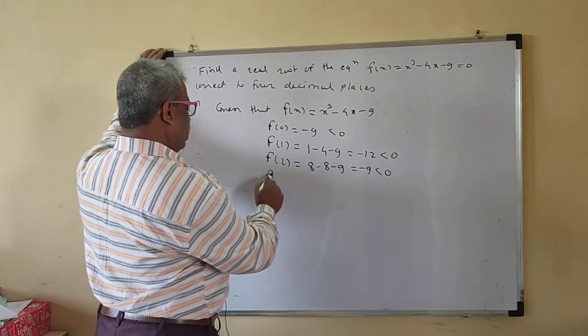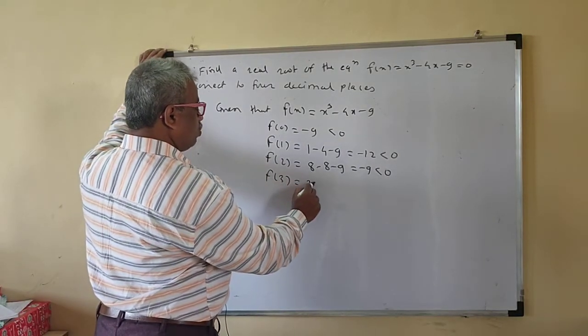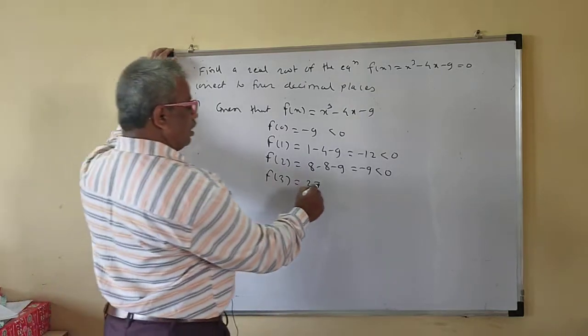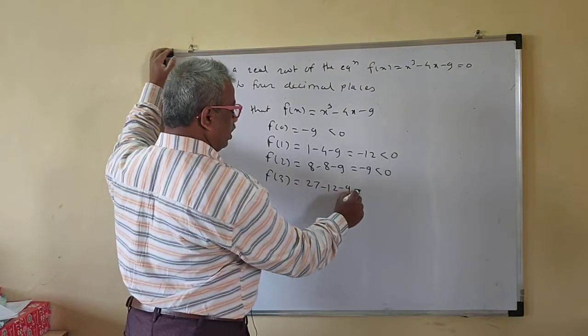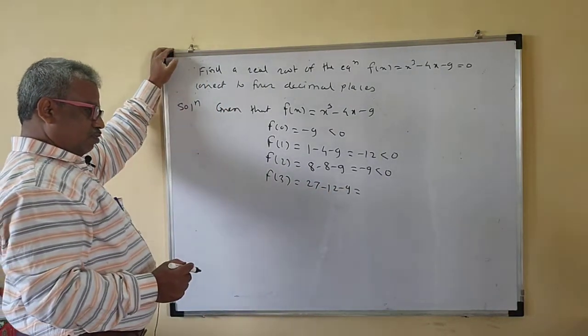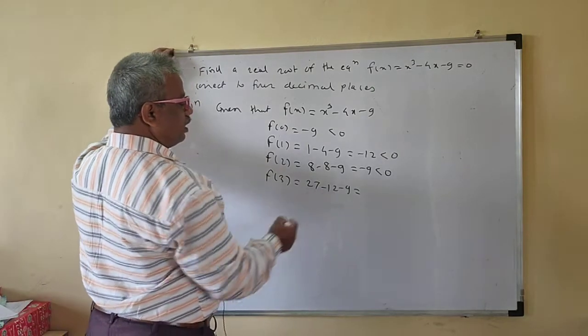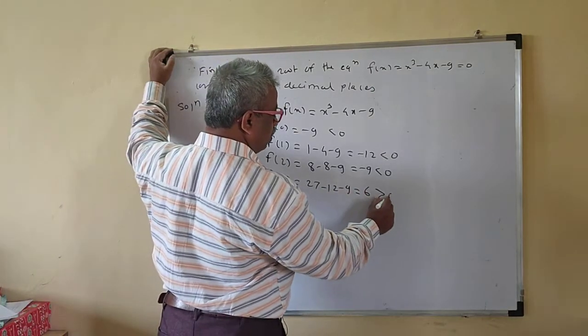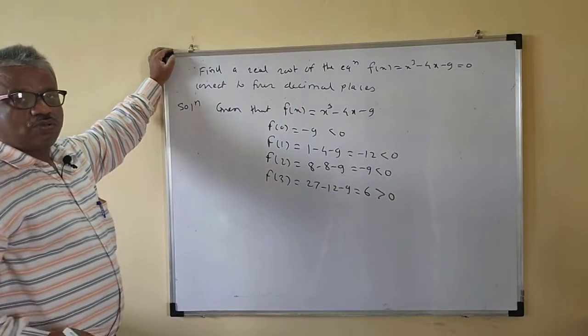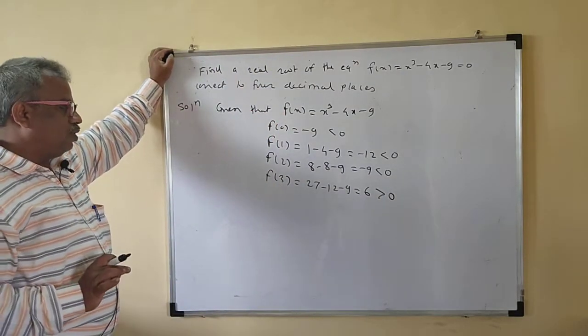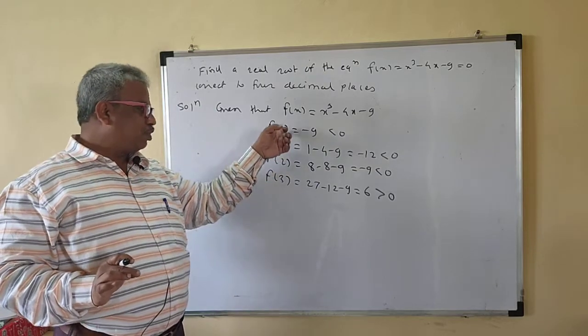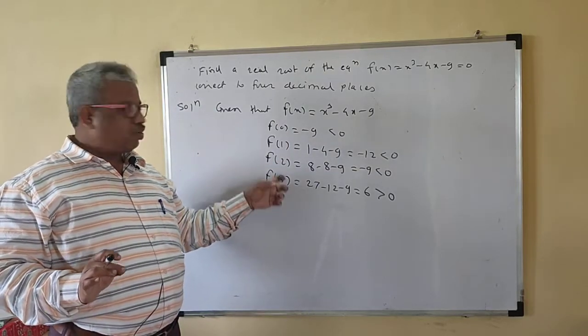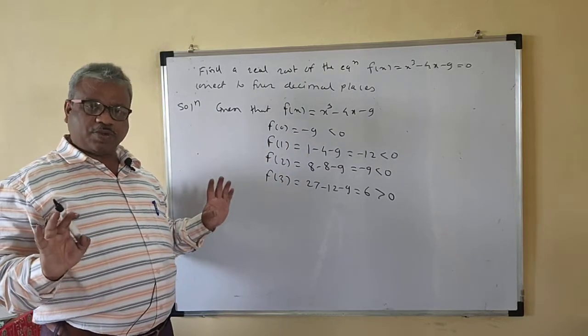Okay. So now we will find f of 3. This is 27 minus 12 minus 9, so minus 12 minus 9 is minus 21. So this is 6. And now this is positive. Right? So the distance is 1 now. So don't write that the root lies between 0 and 3. Okay, f of 0 is negative and f of 3 is positive.